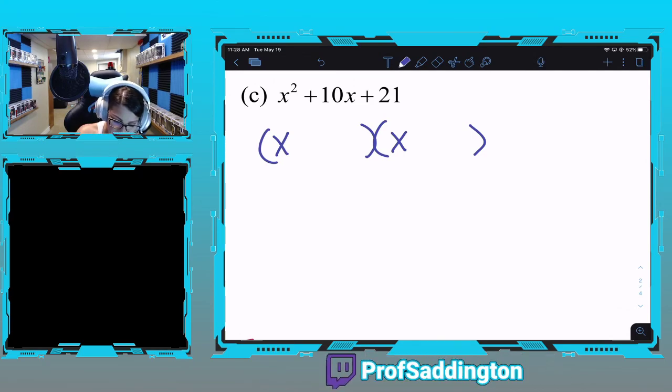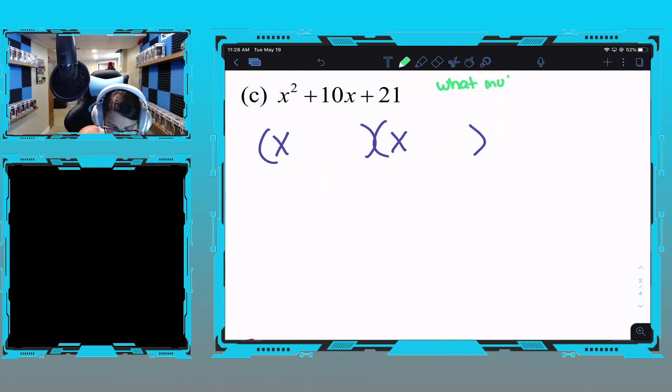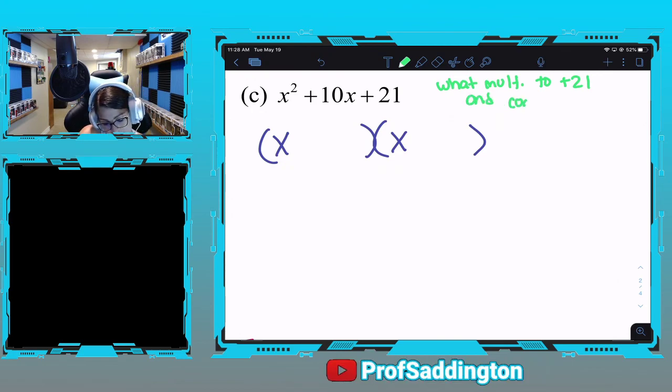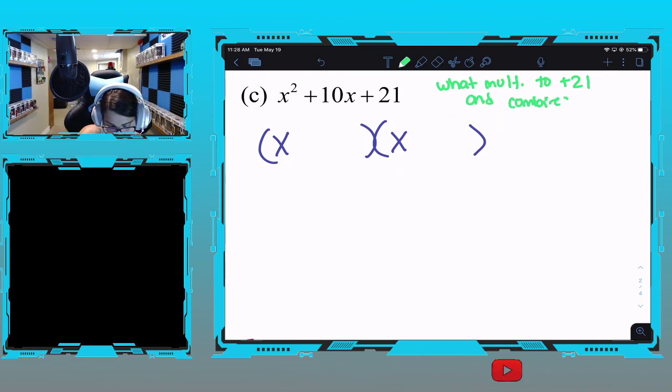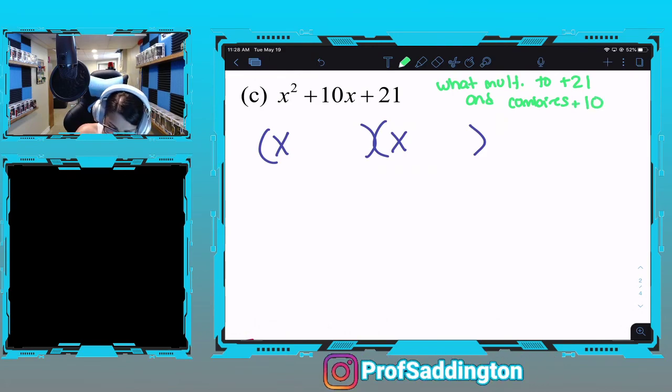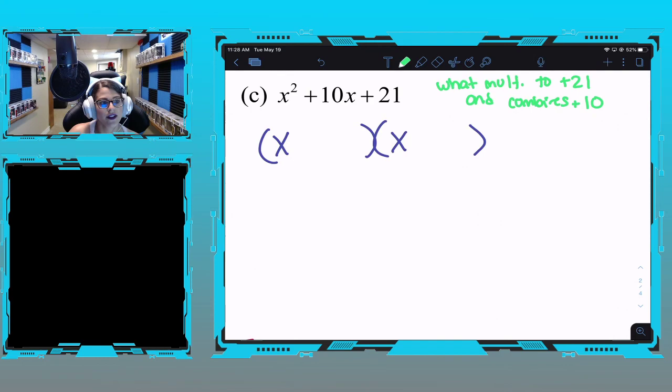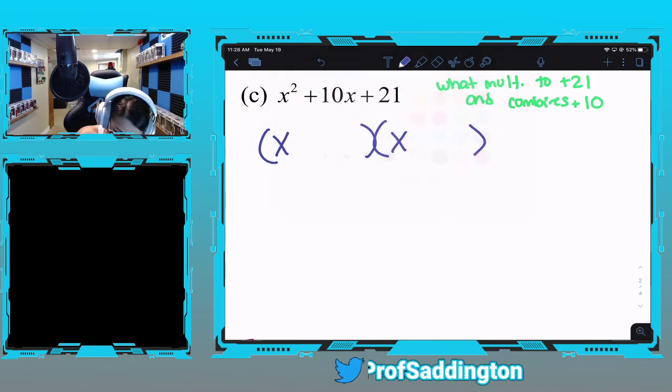So I need to know what multiplies to positive 21 and combines to positive 10. Now, what I wrote in green, you technically don't have to write every single time, but I'm going to write it because these are your notes, okay? So, what multiplies to give us positive 21 and combines to give us a positive 10?